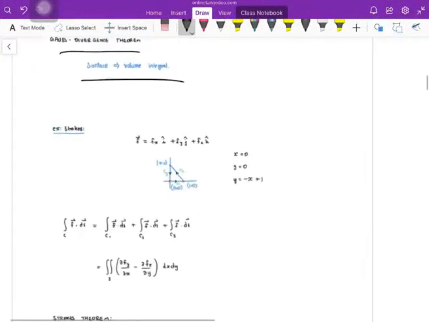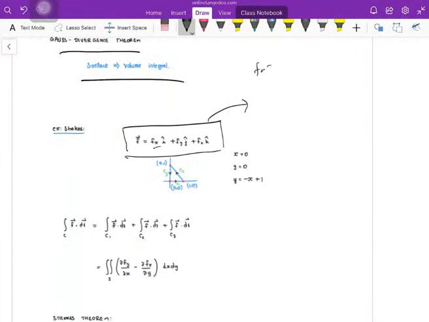So let us take this particular example. A force vector, or otherwise a vector, is given by the x component times vector i plus the y component times vector j plus the z component times vector k. Last class itself, I told you not to get confused with Fx. Some people think that Fx is equal to dou f by dou x. No, it's not like that. What Fx truly means is simply the x component of the vector, that's all.